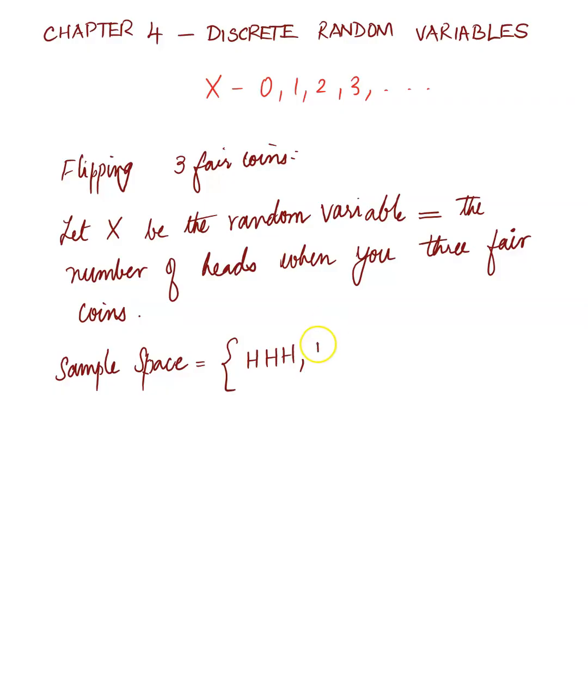Then you have H, T, H, H, H, T. Then you can have T, T, T, T, H, T, T, T, H. And you could have T, H, H. And H, T, T. Let me quickly see if I repeated anything.